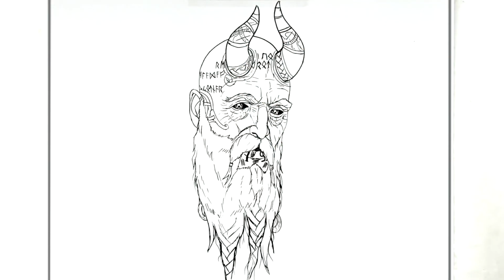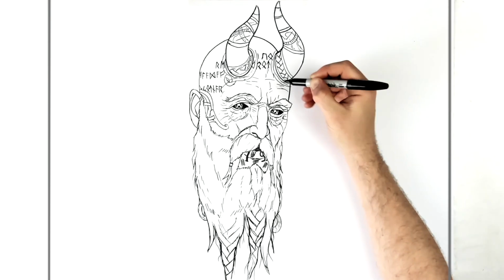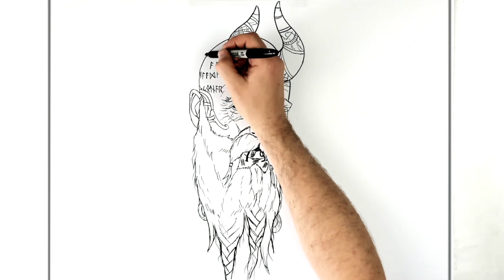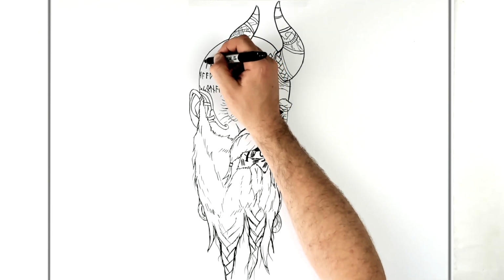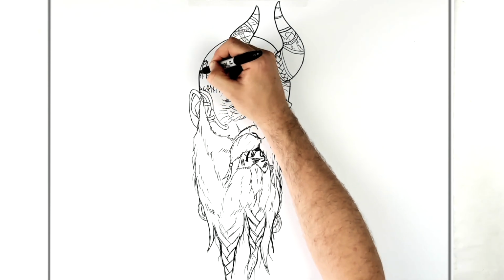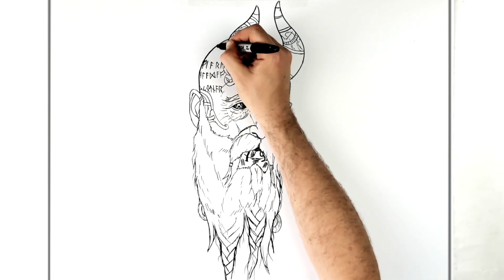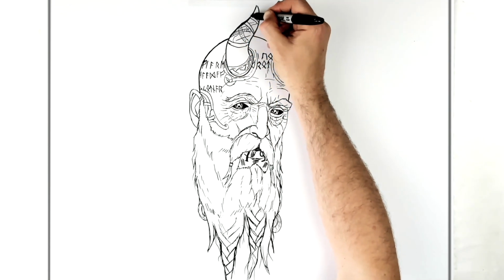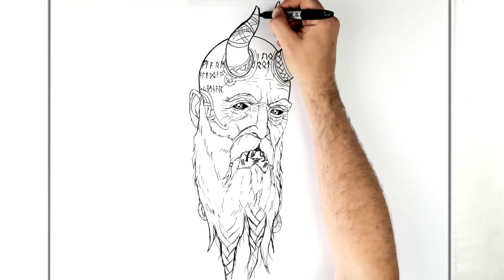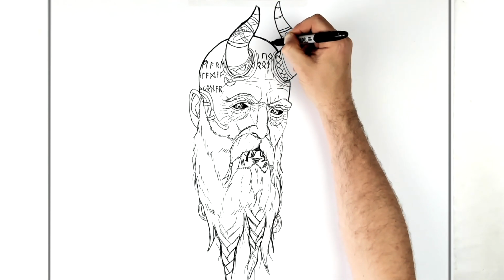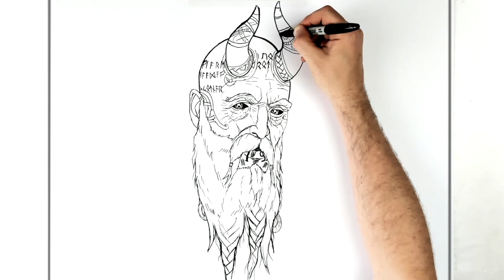I'm sure if you wanted to Google the image, you could see what I'm trying to do here. But they're just all these elaborate tattoos. I'm sure they mean something. And I'm just going to thicken up some of my edge lines now. Just around the outside, just to make the outside edge stand out a bit more.